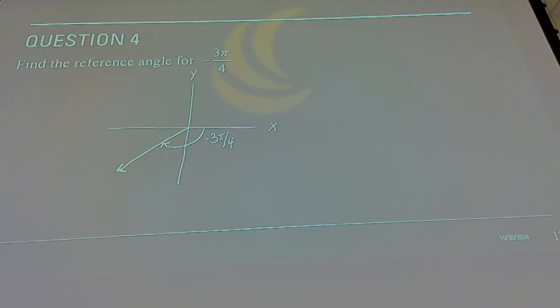There's our reference angle that we want. Same kind of game.